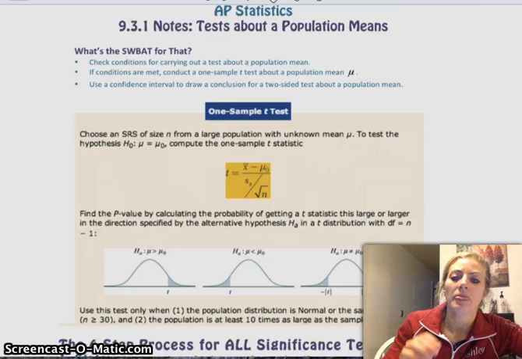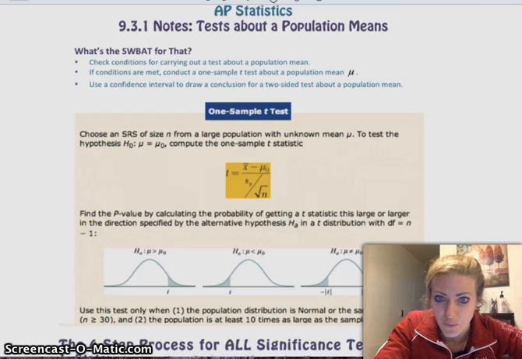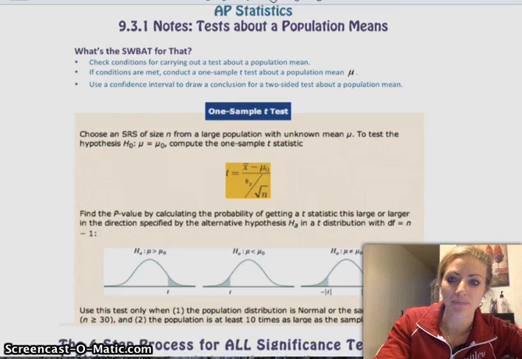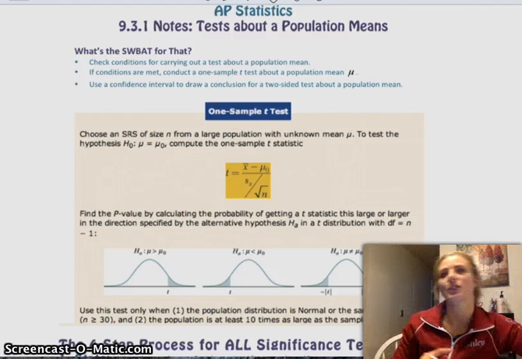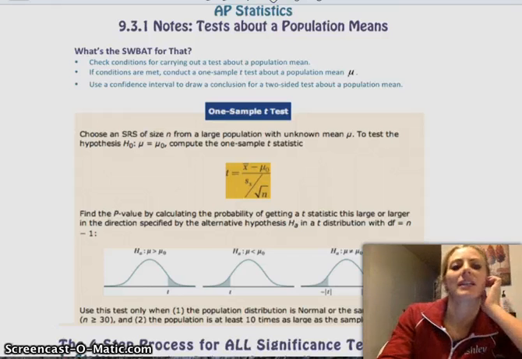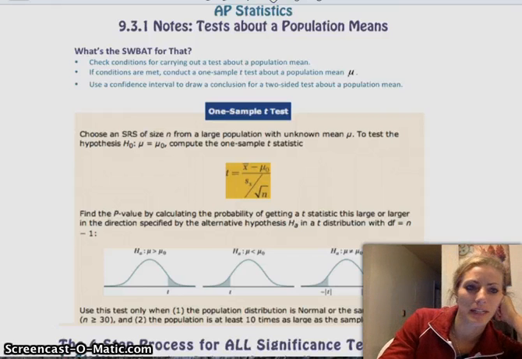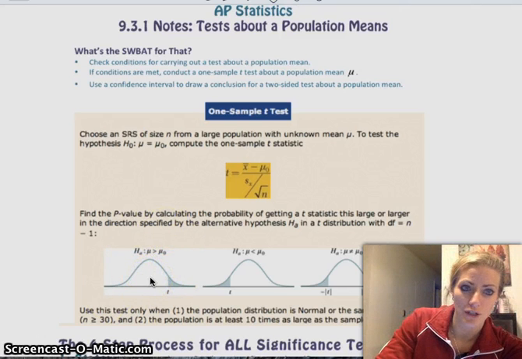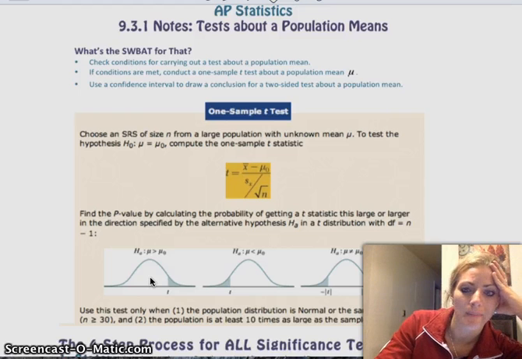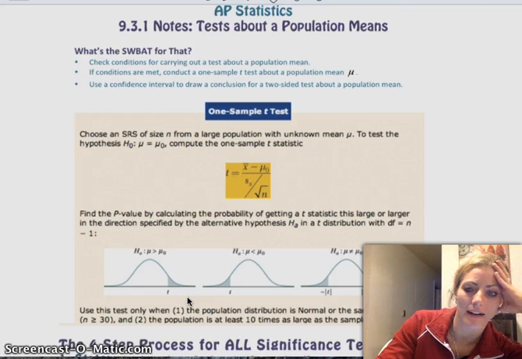Okay, so here's the deal. When you have a simple random sample with an unknown mean, and you want to test the validity of somebody's claim for a mean, you could have three different scenarios. The first one is mu is larger than the null hypothesis, so you're just testing one side.